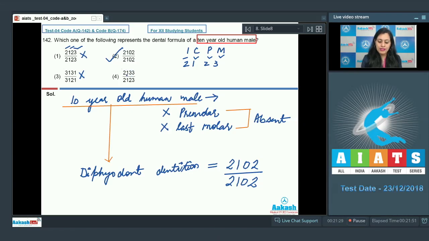And the last option given is 2133, and this is also an incorrect option because it is 2123 by 2123. So the correct answer for this question is option number 2. Now let's discuss our next question.